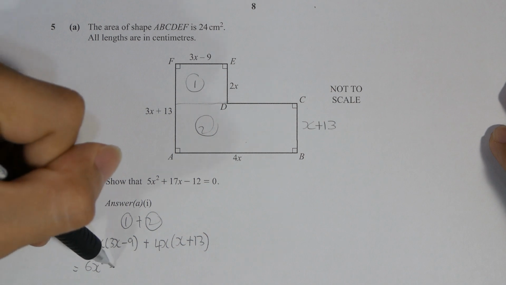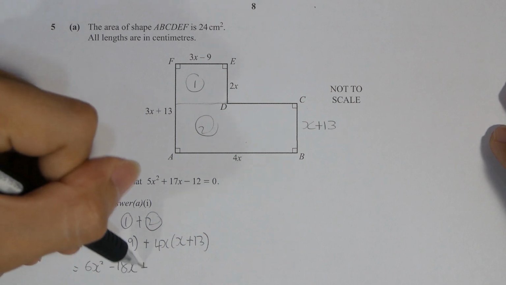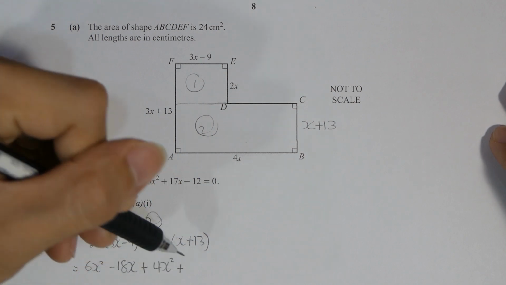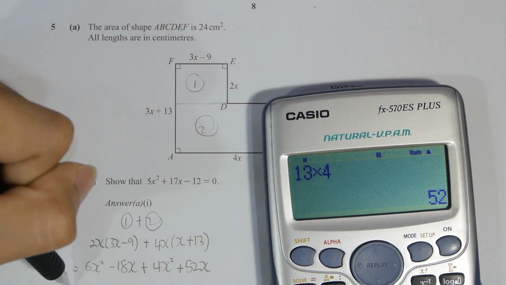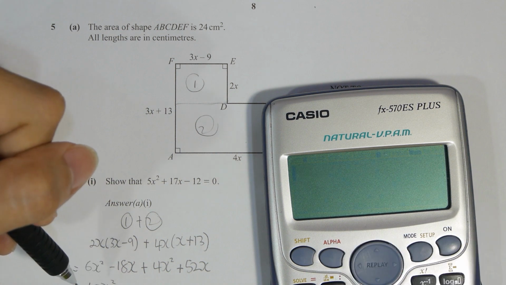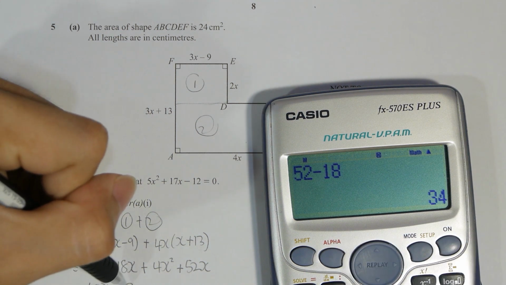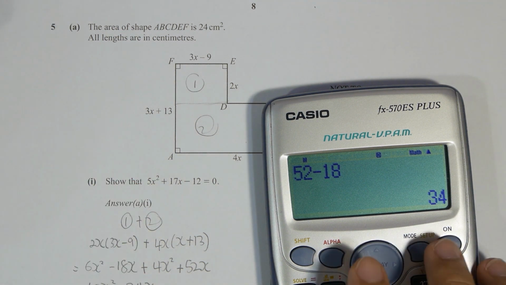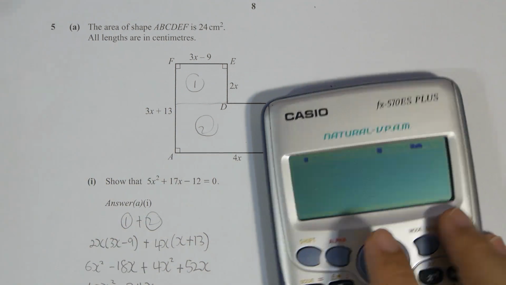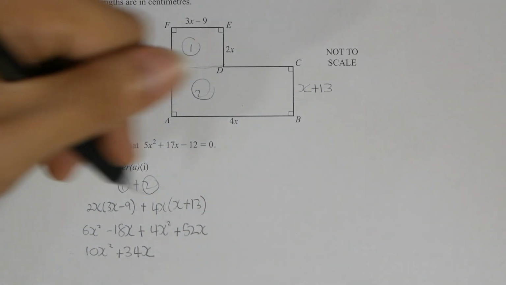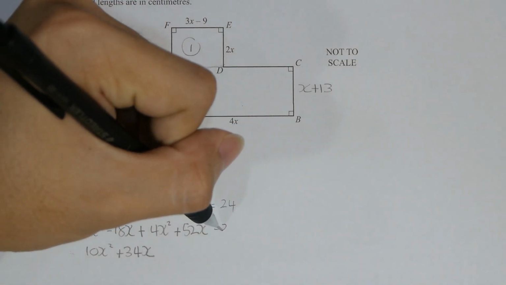The reason why it is x plus 13 for the second shape is because the total height is 3x plus 13. So minus 2x from it, then you will get x plus 13 for the height of the second shape. So run the calculation, then you will get the result as 10x squared plus 34x minus 24.